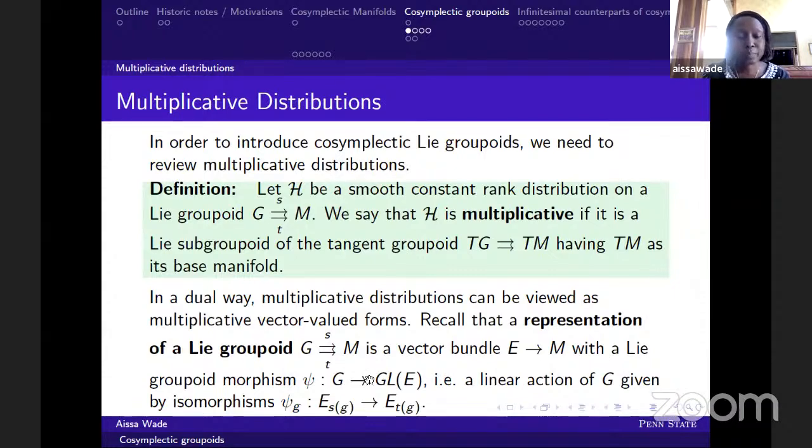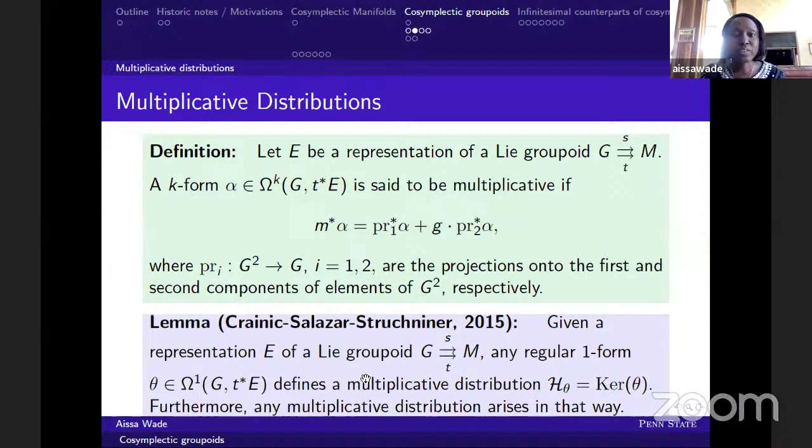From this definition, what I need it for is to define what I mean by a multiplicative form. So if I have E, which is a representation on G, what I call a multiplicative form is just a form that satisfies this condition here.